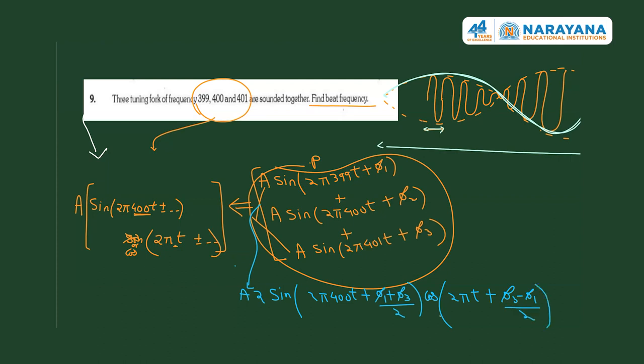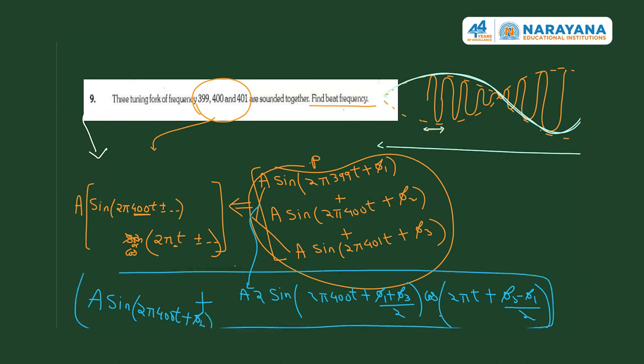Now I want to club this with the second term which is available, which was a sine 2 pi into 400t plus phi 2. This is what we want to analyze now. And now I can convert this signal into this pattern with some conditions being superposed. Now think about it.